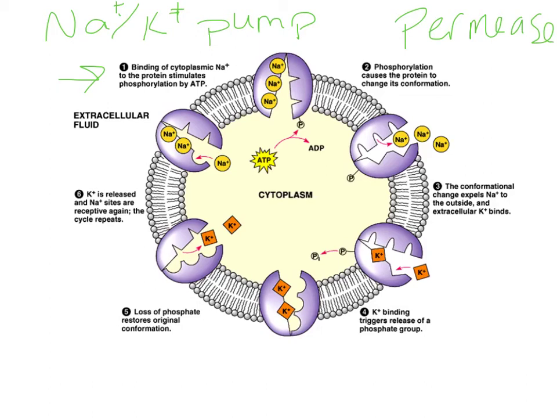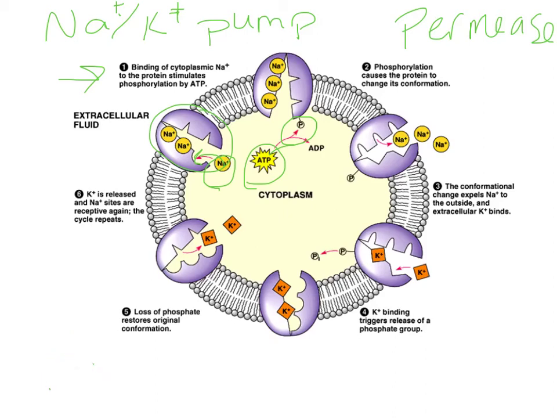So what we have here is we start with the sodium, which is on the inside of the cell here, and it's going to bind to this transport protein, to this permease. So the sodium binds to the transport protein, and then here's where the ATP comes into play. The ATP phosphorylates. When we phosphorylate something, let me spell that. Oh, it's been written for you.